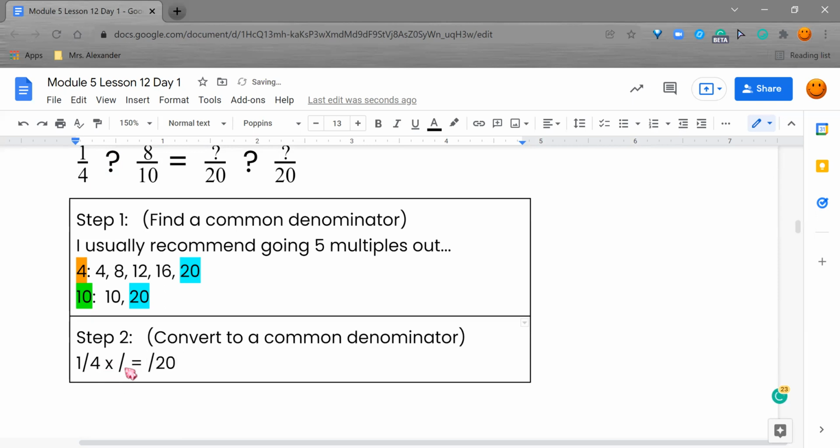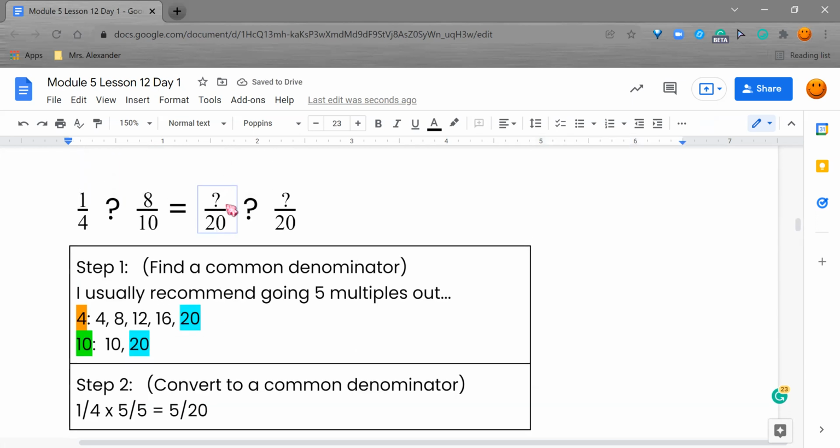So 4 times what number is 20? If you don't know, you can count 1, 2, 3, 4, 5. So right here on the bottom, I'm going to write 5. Remember, what you do to the bottom, you do to the top, because we want this fraction to equal 1. In order to do that, I make sure the numbers are the exact same. And we're making an equivalent fraction. So now I do 1 times 5 is, yes, 5.